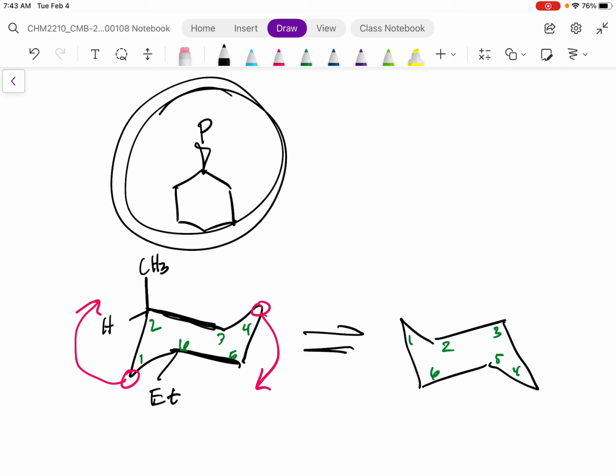So in form A, the methyl group, the CH3, is axial or equatorial? Axial. The way that we know that is we take a good hard look at the carbon. Do you see how it's an apex pointing up?